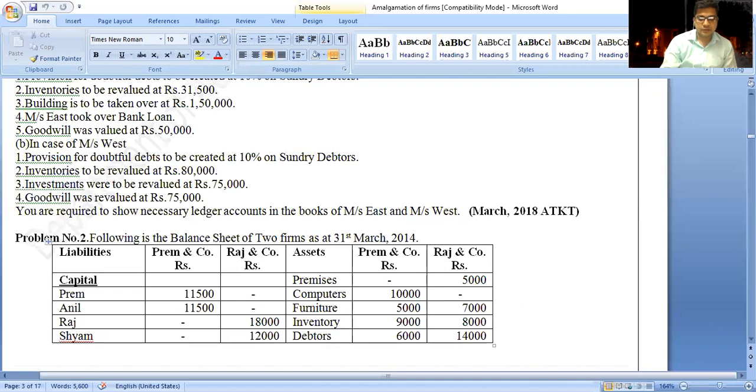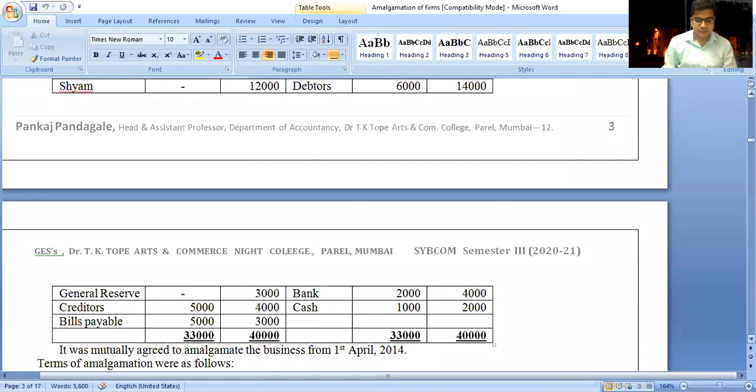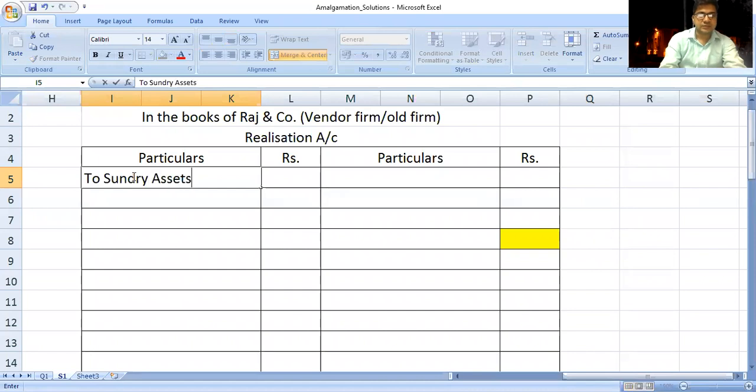Then after that, cash or bank balance 4,000 and 2,000, these are all assets. These assets we will transfer to the realization account. Whenever assets are transferred to the realization account, it is transferred to the debit side, and we can write here to sundry assets.